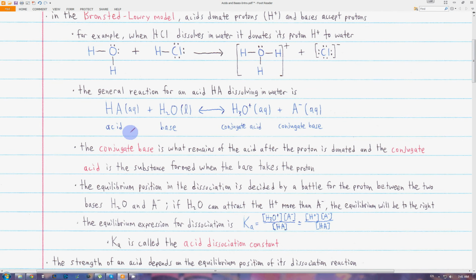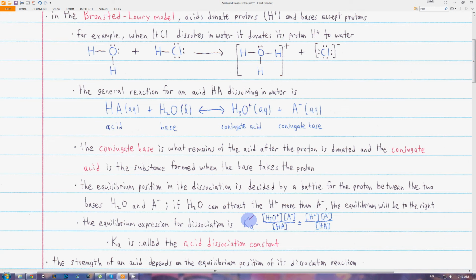So we can write the equilibrium expression for this dissociation reaction. And when we are dealing with the dissociation of an acid, we call the equilibrium constant Ka. That just means it's for an acid dissociation.